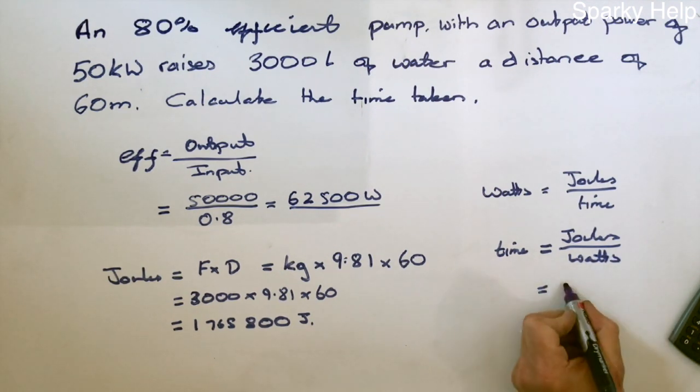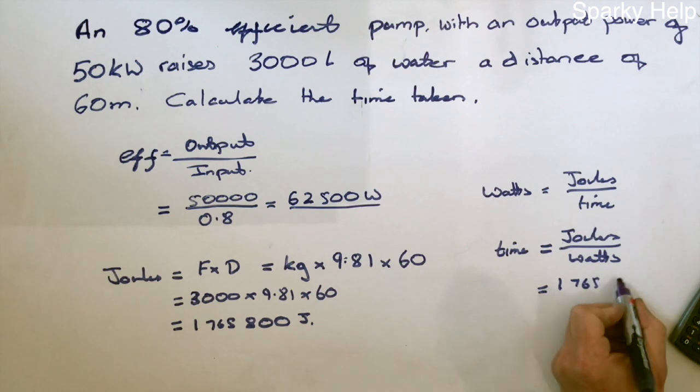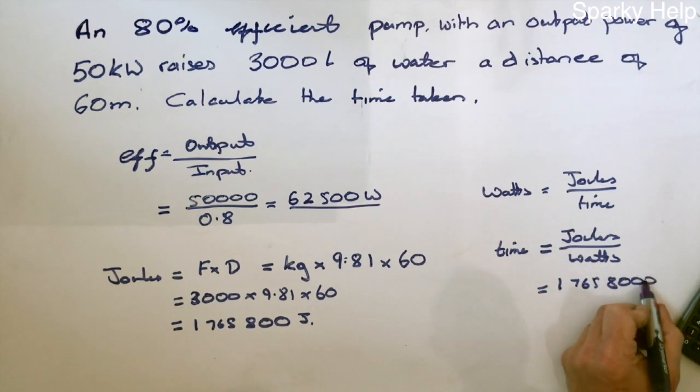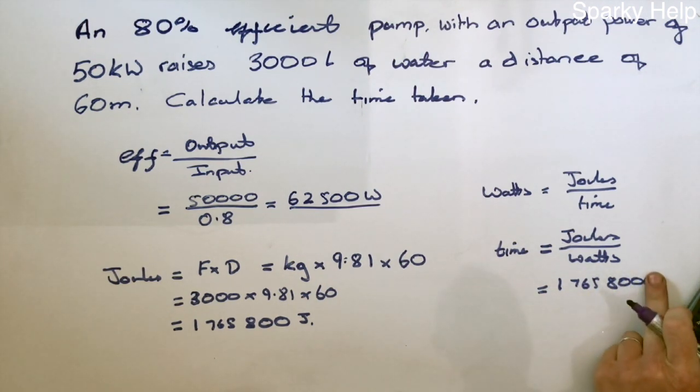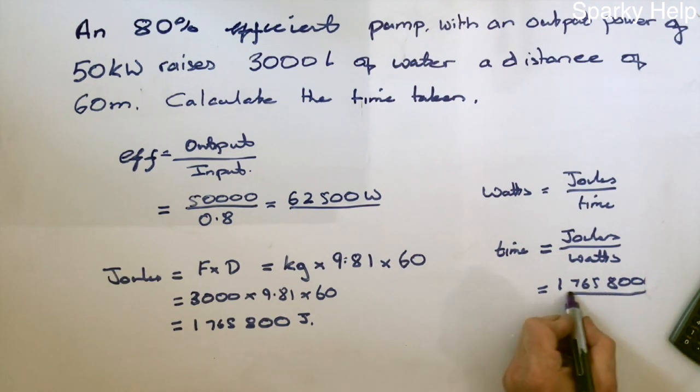So we can put that in then, so that's 1,765,800 divided by 62,500.